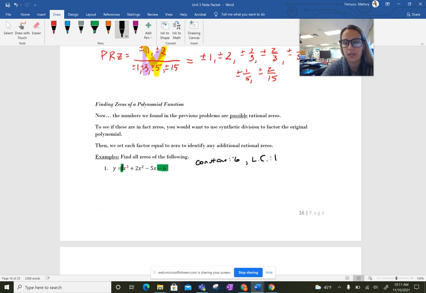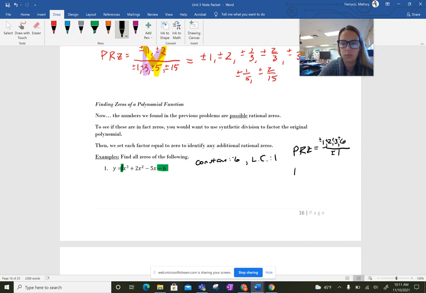That makes things pretty easy because the possible rational zeros are just 1 goes with 6, 2 goes with 3. They all have plus or minus. And since the leading coefficient is 1, we need plus or minus 1 on the bottom because that's the factors of 1.